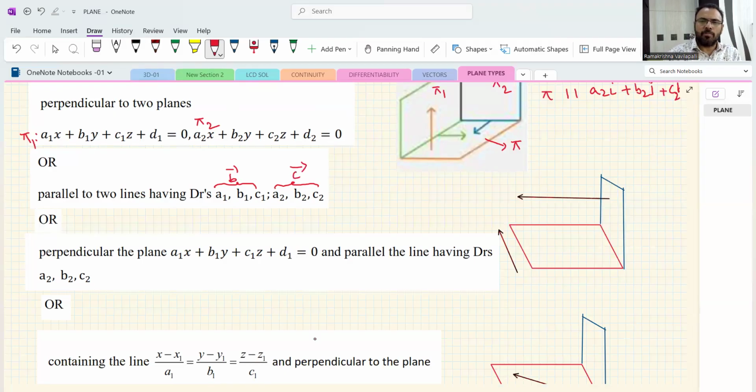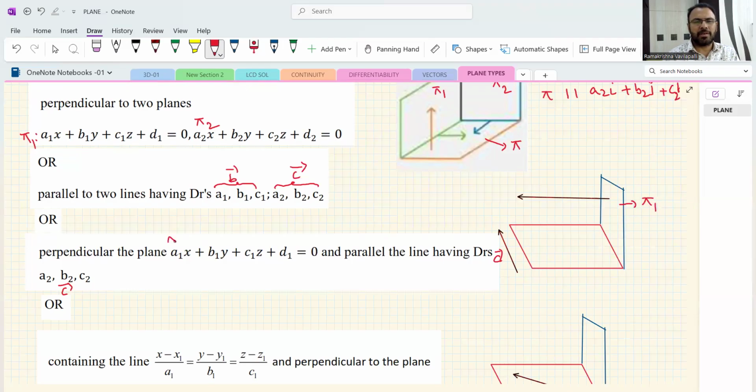Or there is a combination of line and plane: perpendicular to one plane and parallel to one line having DRs. Right. So here, this is the C bar vector. Look at the diagram. This is the C bar vector, and this is plane 1.